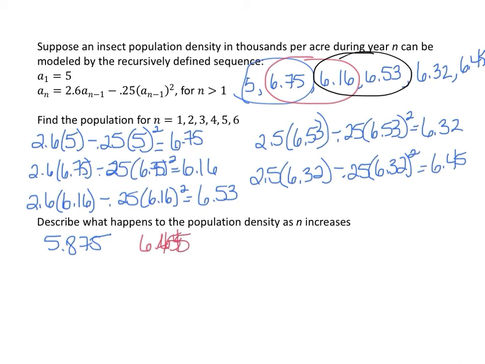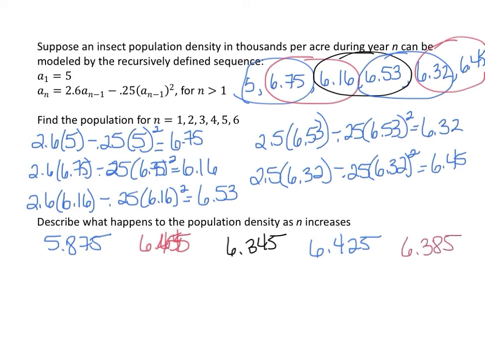So now I take the next mean, 6.16 and 6.53, and I get 6.345. Do that again with this pair of numbers, and you get 6.425. And then the last time with what we've got, and you get 6.385.